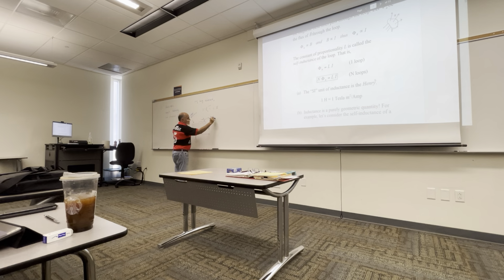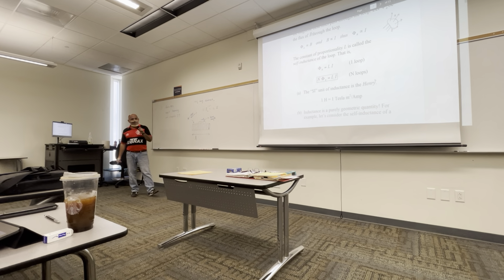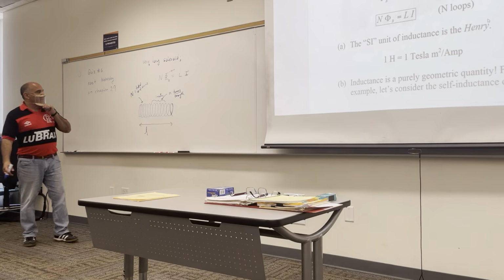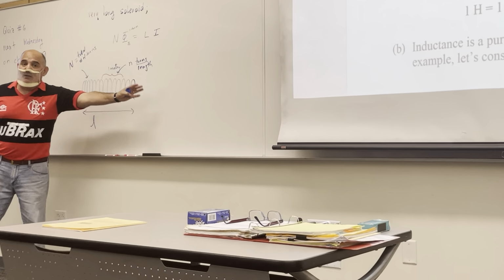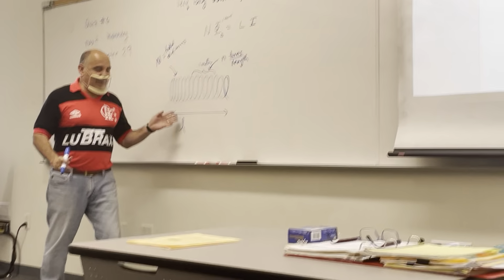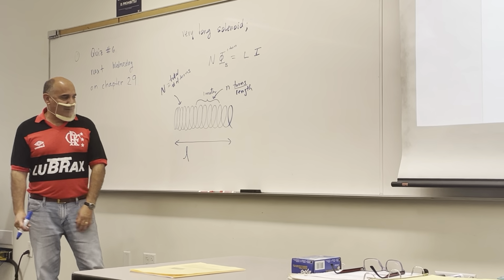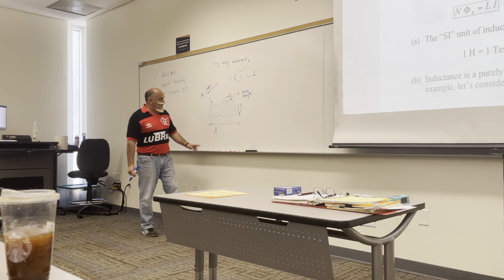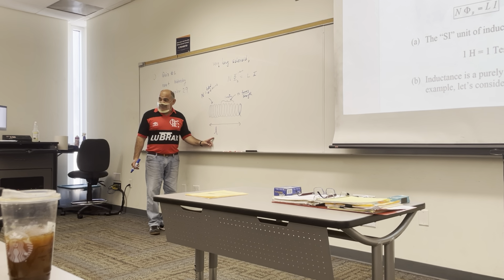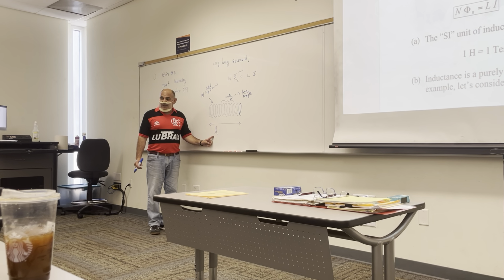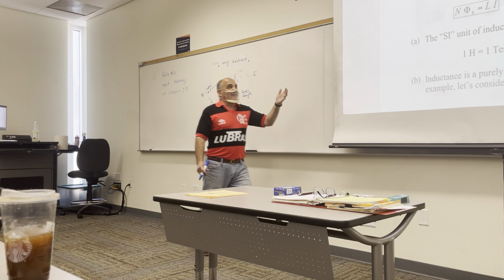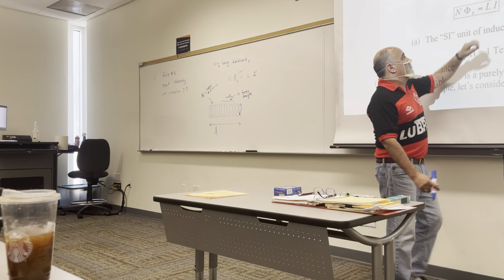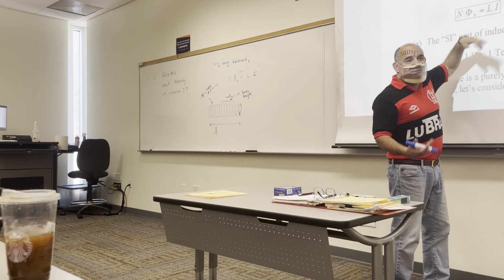So notice the difference between the lowercase n, which stands for the number of turns per unit length, and capital N, which is the total number of turns. And then let's say it's a very long solenoid, and let's just call the length of the solenoid L. Notice that I'm using this symbol to represent the length of the solenoid. I don't want to use capital L because capital L in this chapter is restricted to mean inductance.